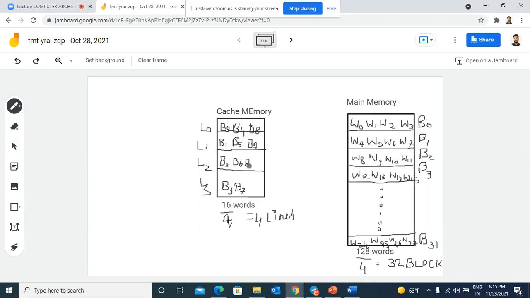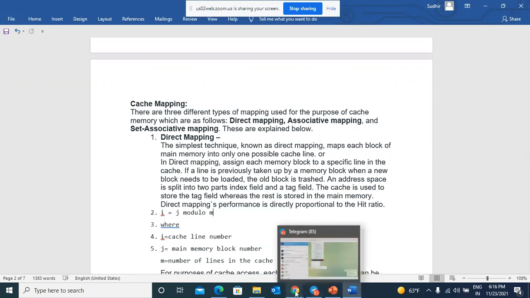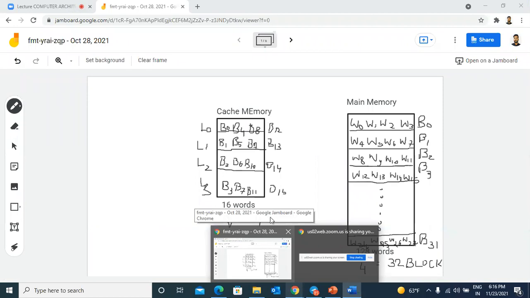So it will be four lines. So you can say these are lines. So the line size is the same as the block size.